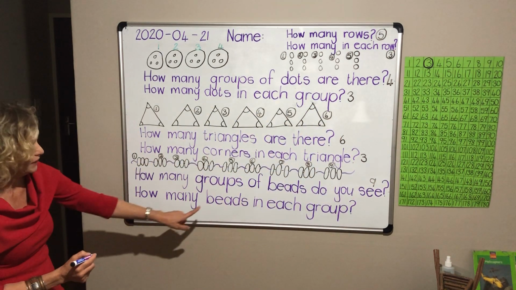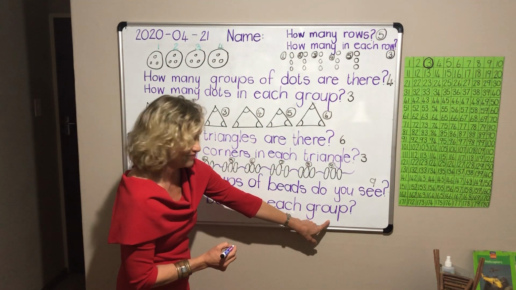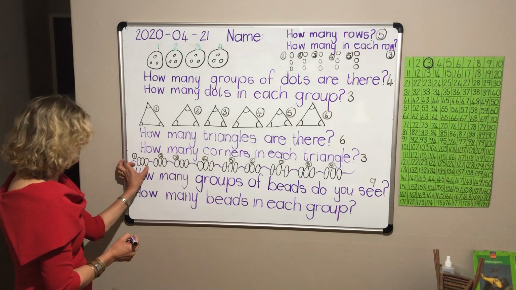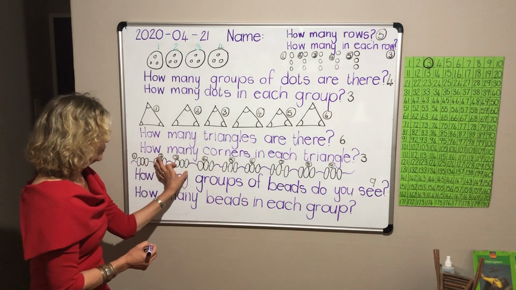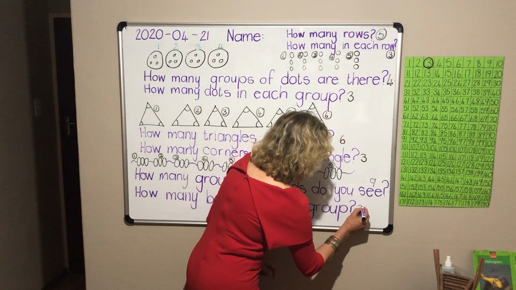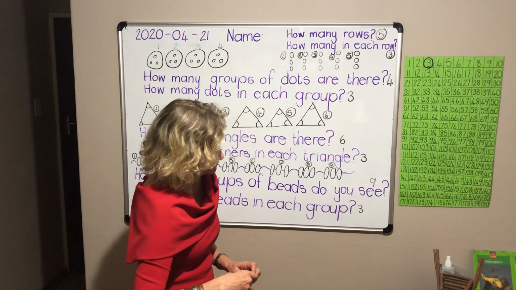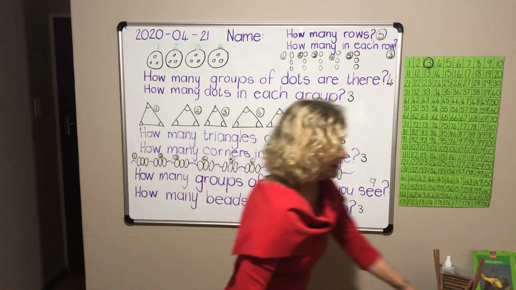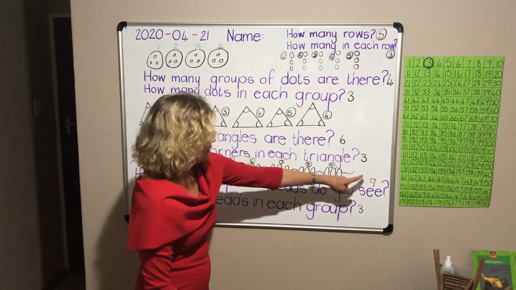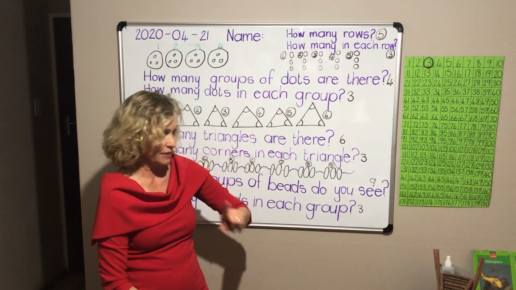Okay. How many beads in each group? And you can clearly see there's 3, 3, 3, 3. And we have grouped them like that. So it's 3. Now, I've written a few times sums here. So, instead of saying 9 groups of 3, we can make a times sum.